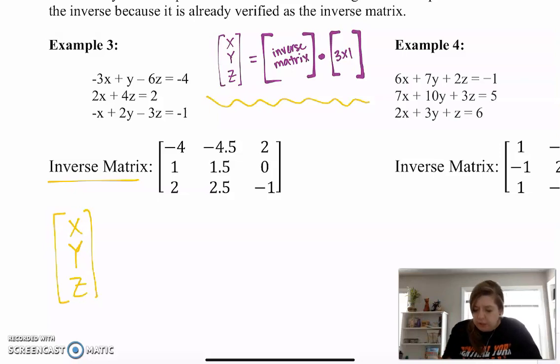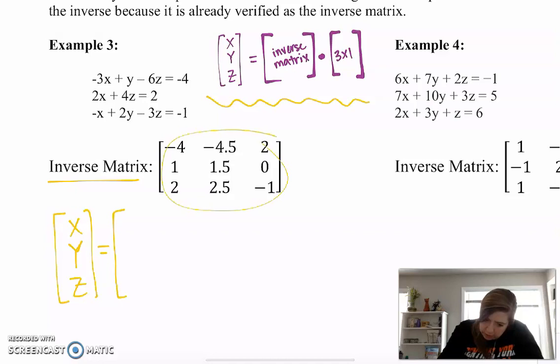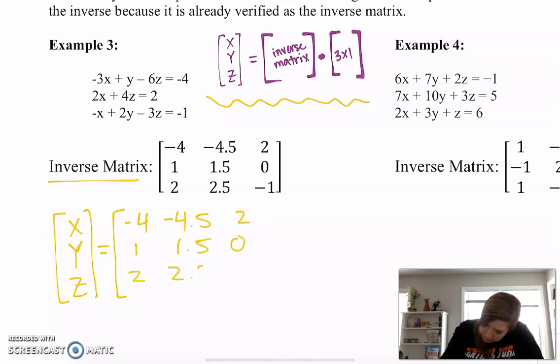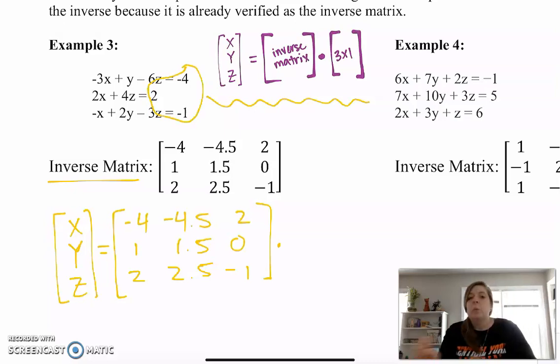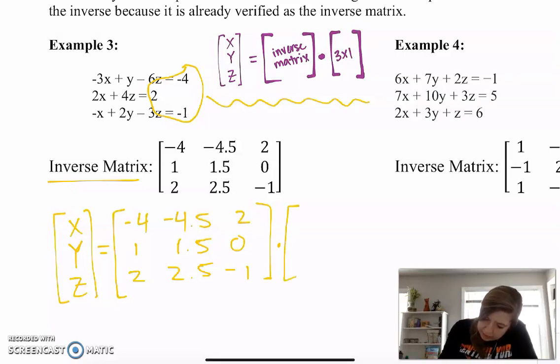But whatever variables you're solving for, it's going to equal your inverse matrix times what your equations equal. So that's the 3 by 1. That 3 by 1 matrix is the three values that your equations actually equal in your original problem.